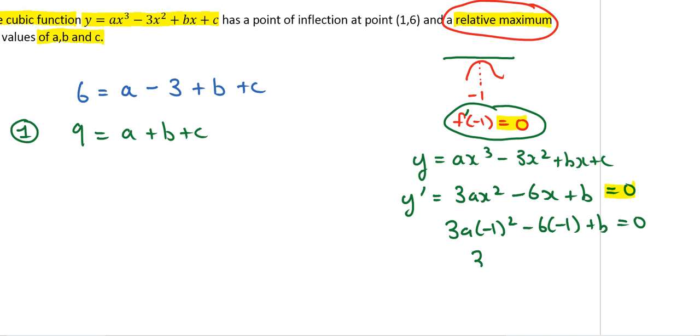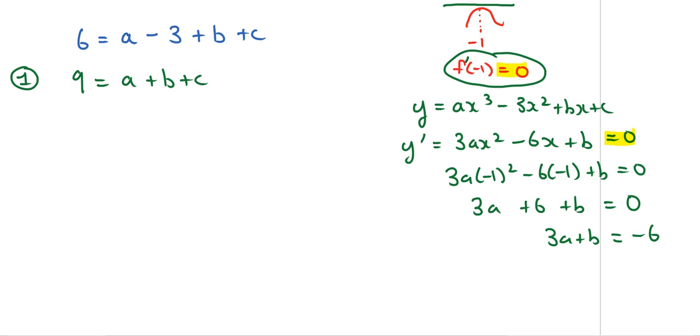This is going to be 3a plus 6 plus b equals 0, so 3a plus b equals -6. And that's going to be my second equation. I'm just going to put this right underneath here: -6 equals 3a plus b.